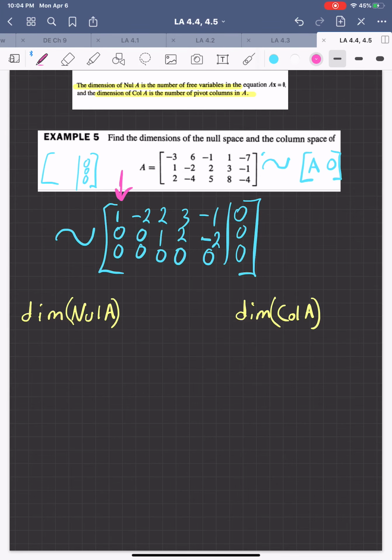So the first column, that is a pivot column, right? So that should contribute to the column space. So I'll put a tally mark of 1 over here for the column space. All right, the next column, that's not a pivot column, that's a free variable. So that second column is going to contribute to the dimension of the null space.